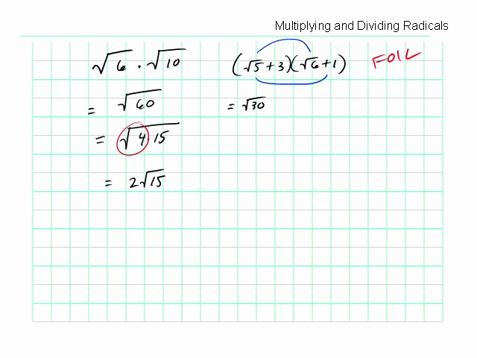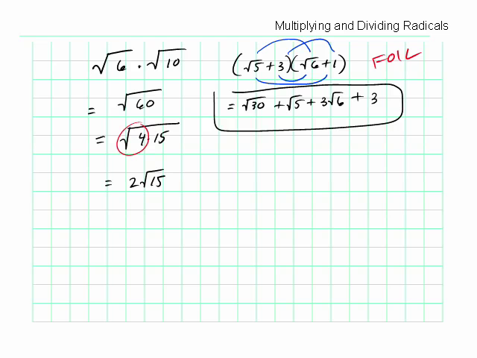Square root 5 times 1, that's just square root 5. 3 times the square root of 6, 3 square root 6. And then 3 times a 1 is a 3. Now I cannot simplify any of those radicals, and they are all different, and so I cannot combine any of them. That is my answer. It doesn't simplify any farther than that.